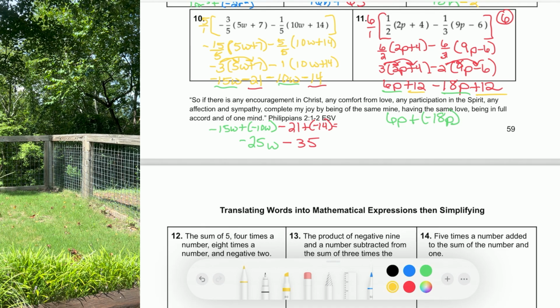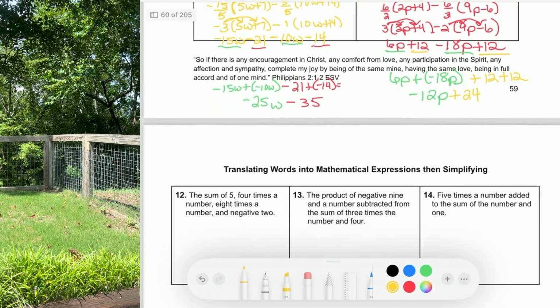Then I have my plus 12 plus 12. 6p plus a negative 18p, I'm going to take the difference, which is 12. Take the sign of the greater, which is the 18, so it's a negative 12p. And then I have 12 plus 12, which is 24, and that is our answer.